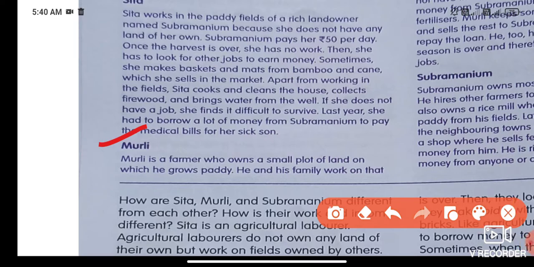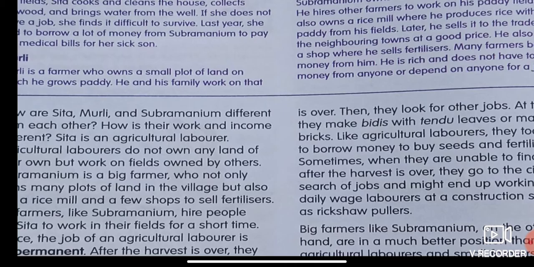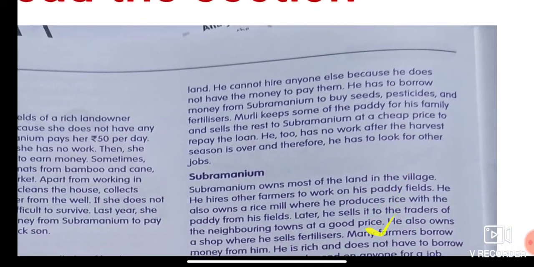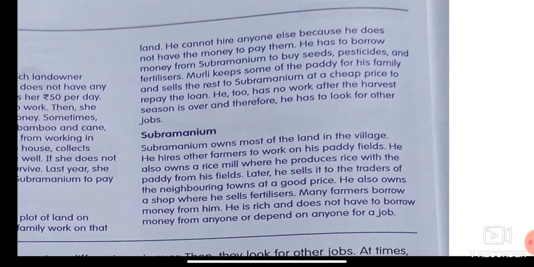Murli is a farmer who owns a small plot of land on which he grows paddy. He and his family work on that land. He cannot hire anyone else because he does not have the money to pay them. He has to borrow money from Subramaniam to buy seeds, pesticides, and fertilizer.